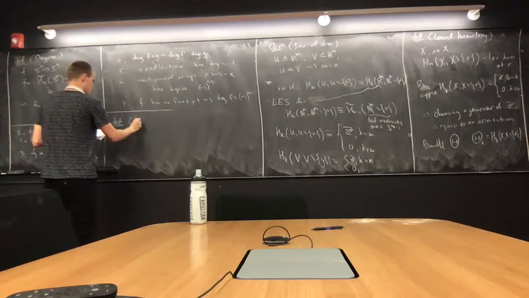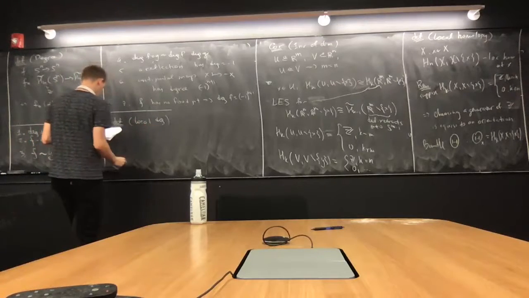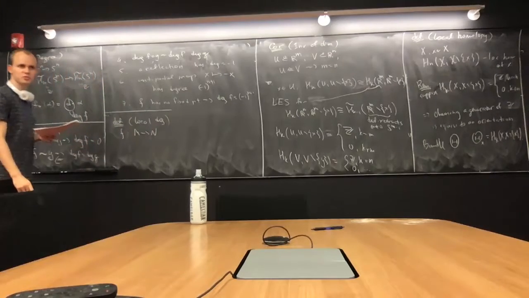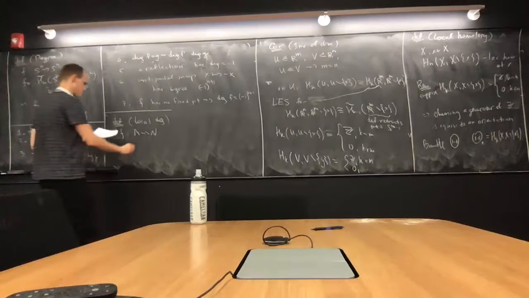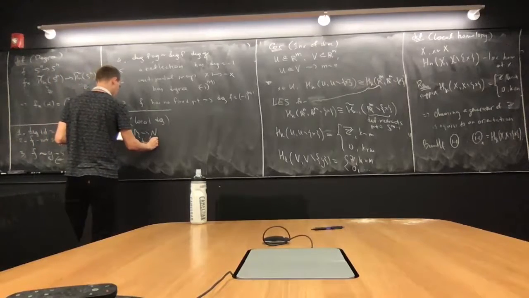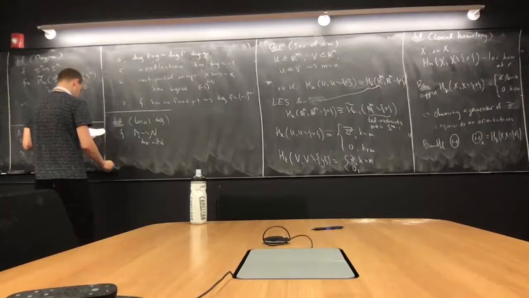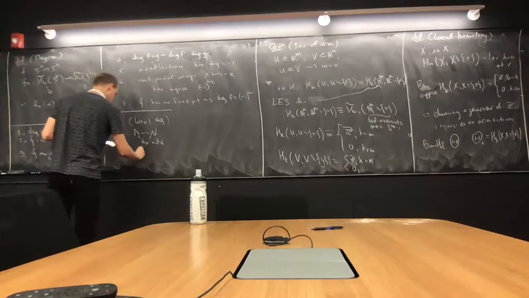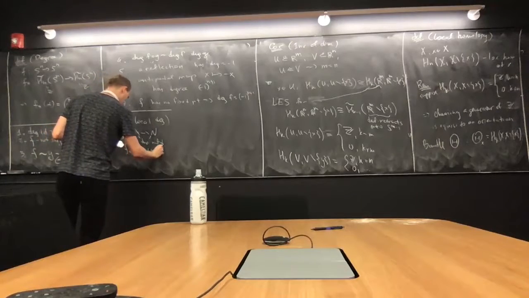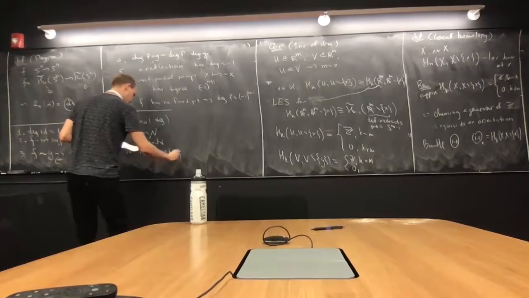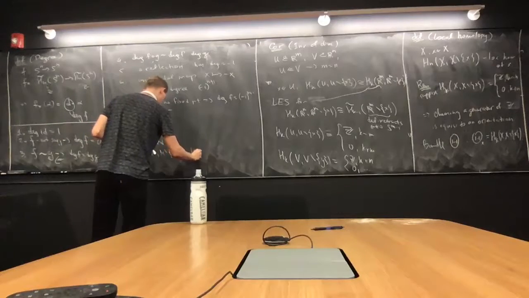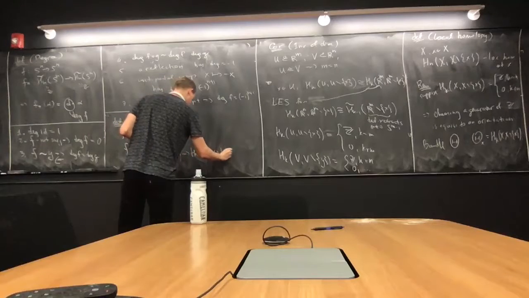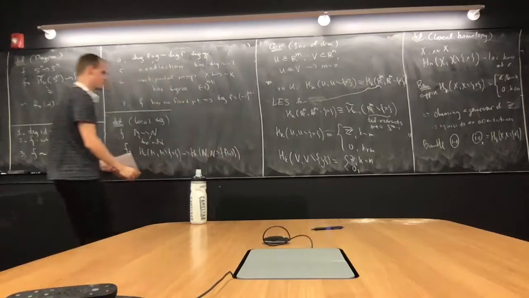Another definition is called local degree. So we can take any map between, let's say, topological manifolds, and we can take f star on local homology into the nth homology.